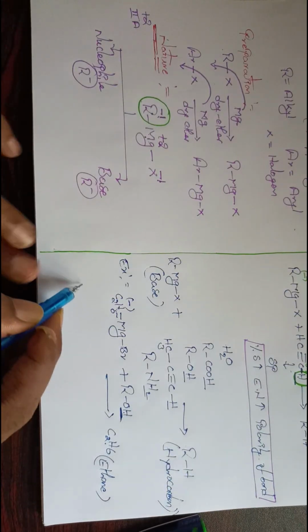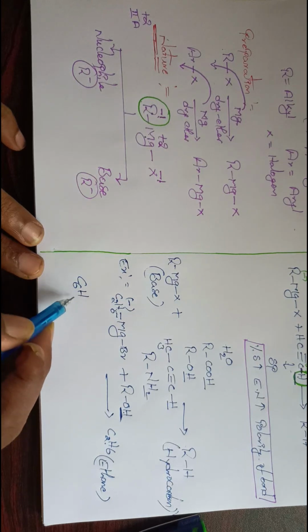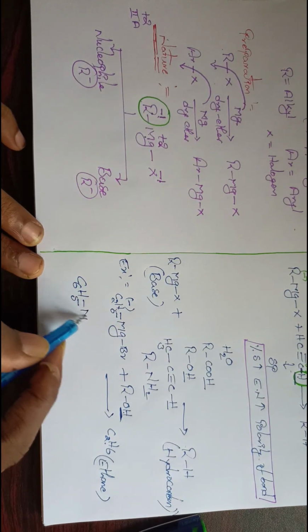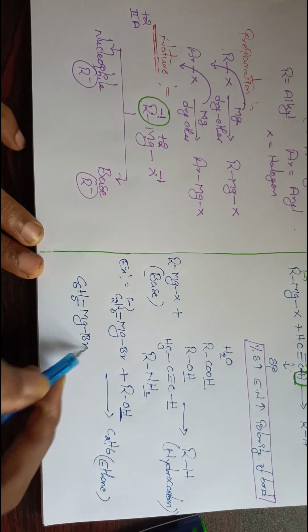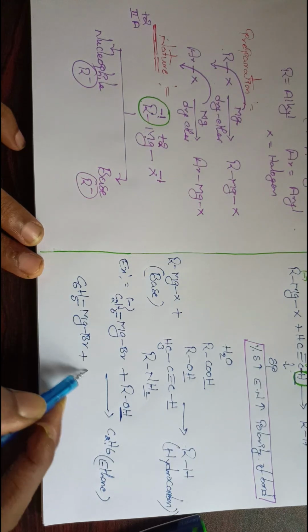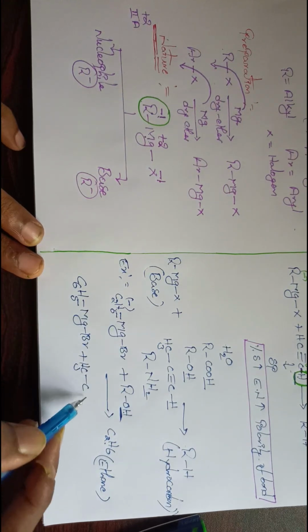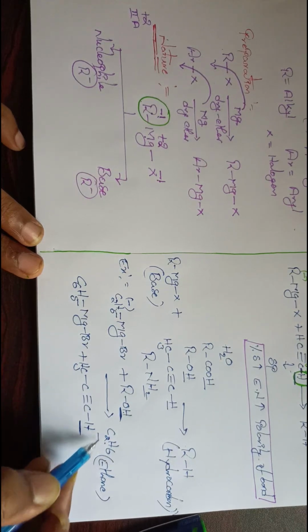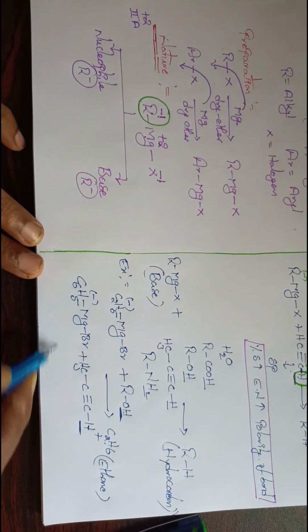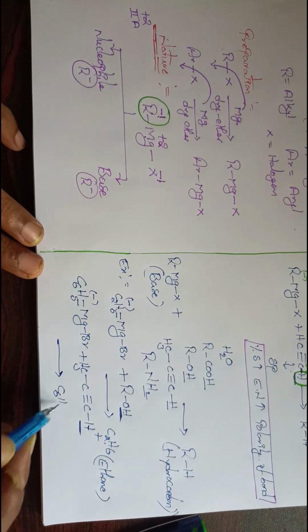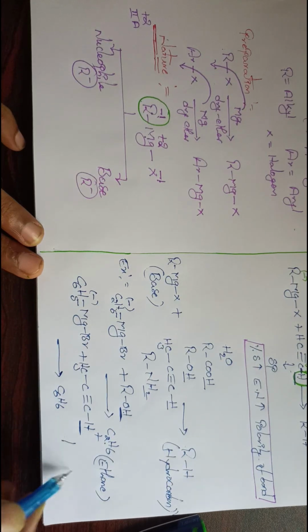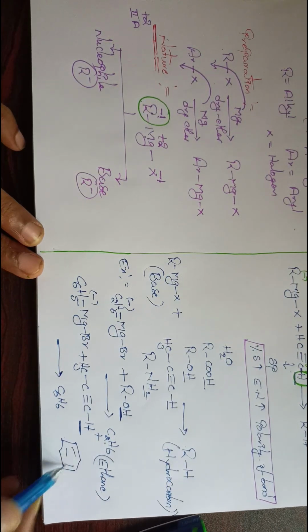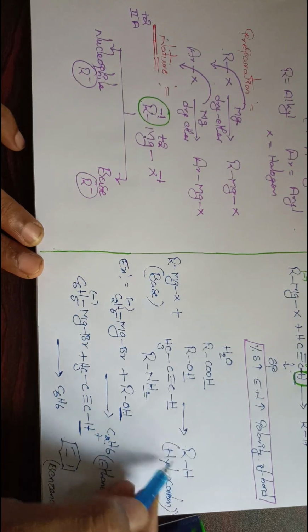And one more best example, C6H5MgBr reacts with propyne, CH3C≡CH. What is released from here? H plus ion. Yes, C6H5 minus. What is the product? C6H6. What is the name of this compound? Benzene. This is the preparation of benzene. Benzene is a hydrocarbon.